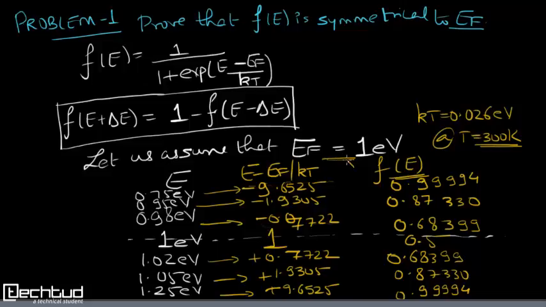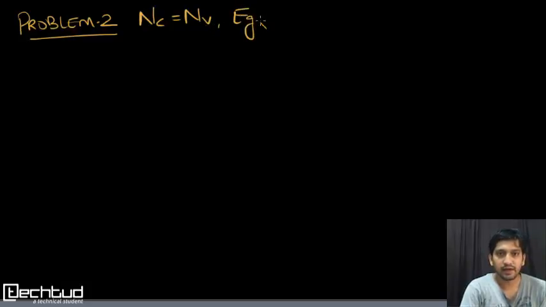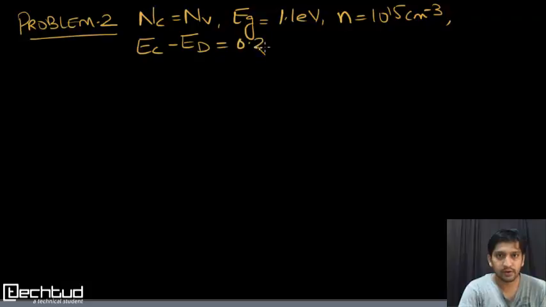So let us solve the second problem for this module. In this case we have been asked to assume that the effective number of states in the conduction band is equal to the effective number of states in the valence band. We have been given that the band gap energy is 1.1 electron volt. Concentration of electrons is 10 to the power of 15 per centimeter cube. The difference between the edge of the conduction band and the donor level is 0.2 electron volt.